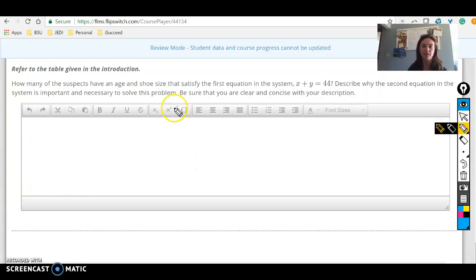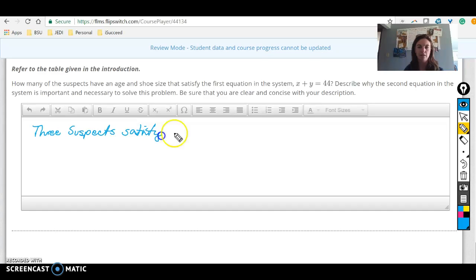So 3 suspects satisfy x plus y equals 44.